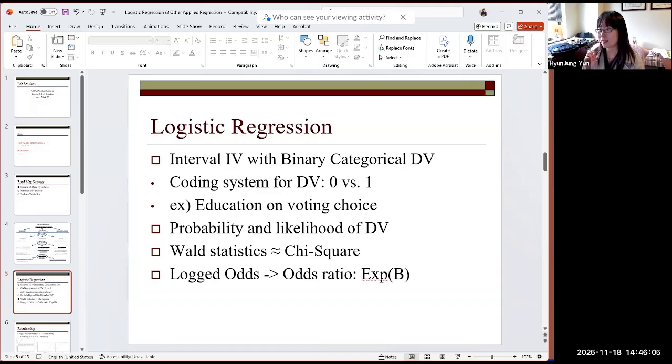But in that case, you should understand it's still part of the regression model, and regression is the foundation of statistics. So what you should do before you start with the logistic model: your dependent variable should be binary categorical. And then you should code it as 0 versus 1, because for the dependent variable, in terms of interpretation, we use more of a ratio.